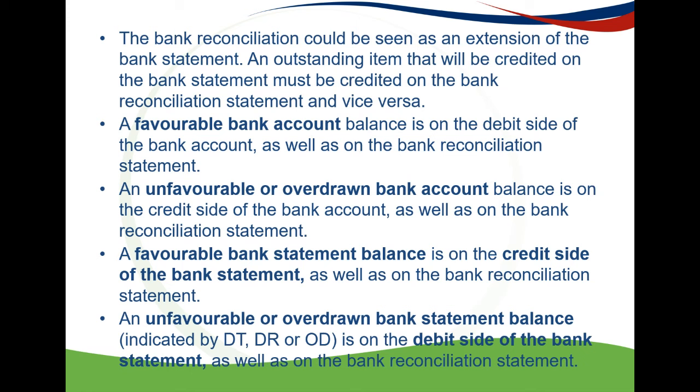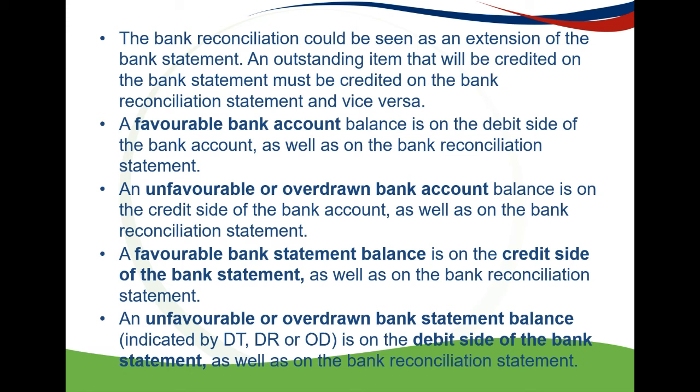Now, if you think of an overdraft, when it's on the bank statement, then suddenly you aren't a creditor of that bank anymore, because now you owe them money, and when you owe them money, you become a debtor of theirs. So if you are a debtor, then you will be an asset, and assets increase on the debit side.